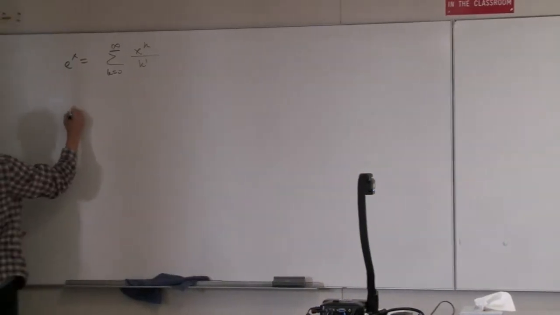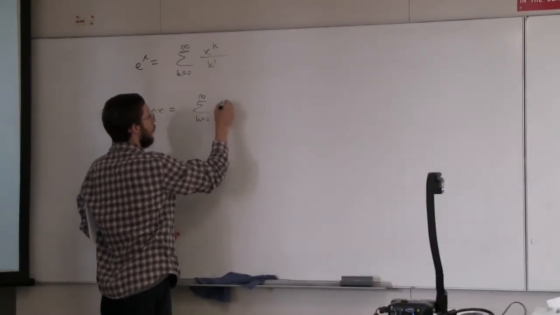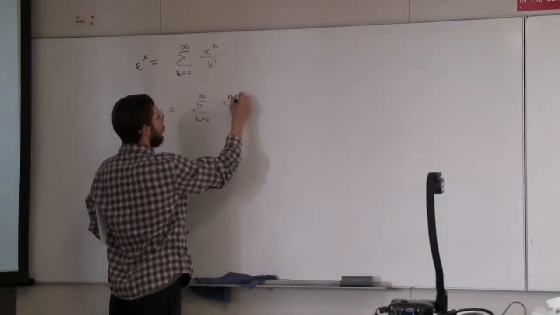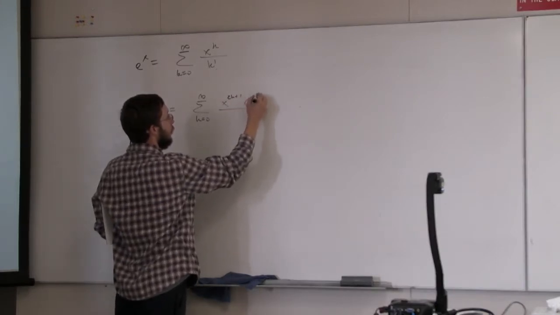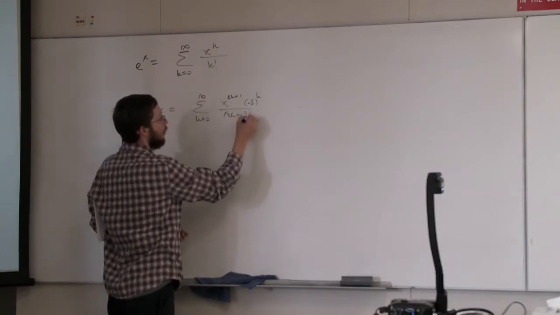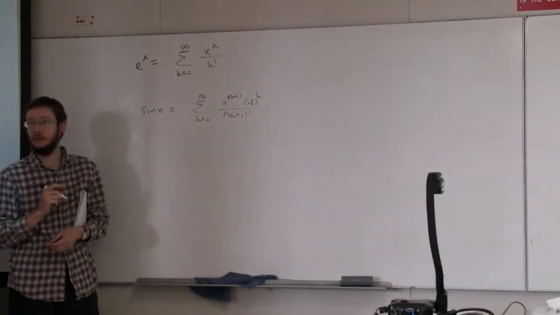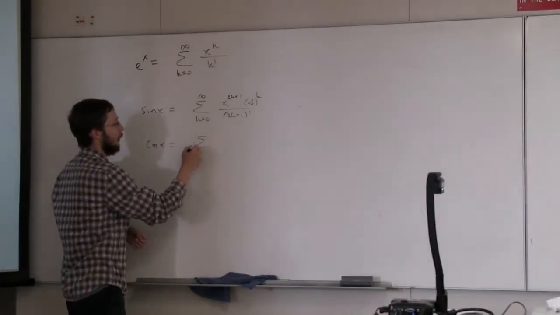We mentioned that sine of x is the sum of minus 1 to the k over 2k plus 1 factorial. We mentioned that this is closely related to e to the x. We also mentioned that cosine x is closely related to e to the x.